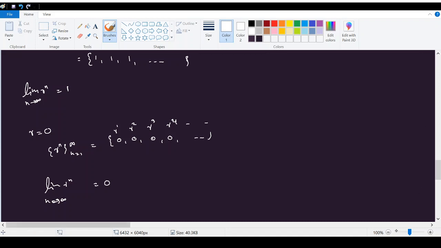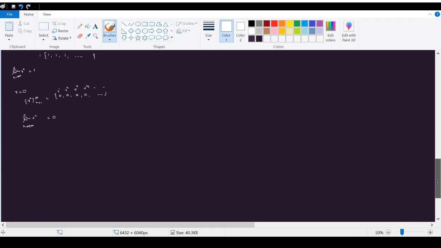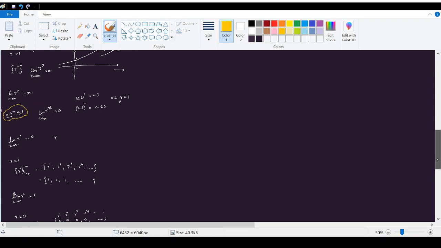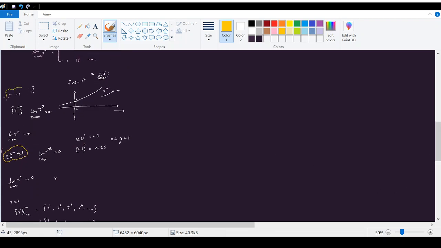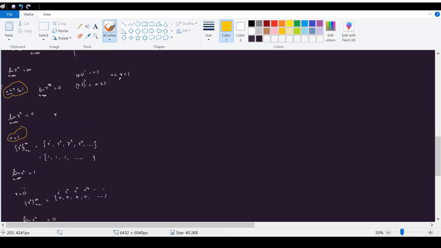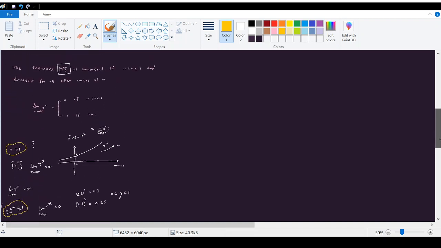So far we have discussed several cases for the same problem: when r is greater than 0 and less than 1, when r is greater than 1, when r is equal to 1, and the case where r is equal to 0.